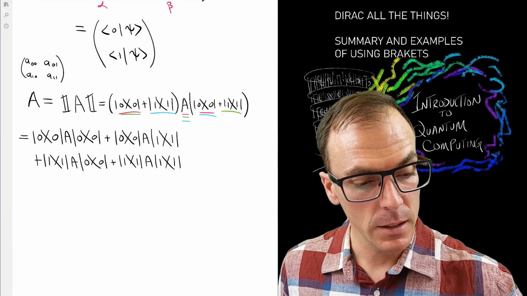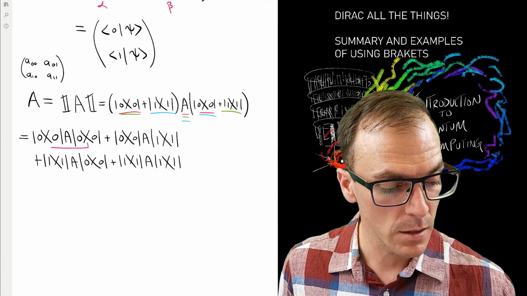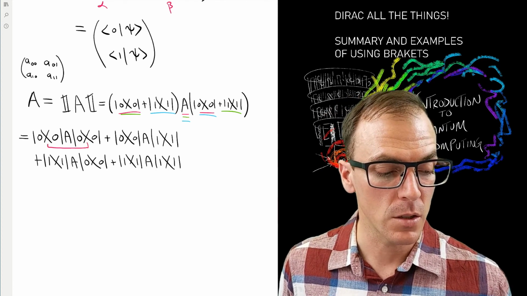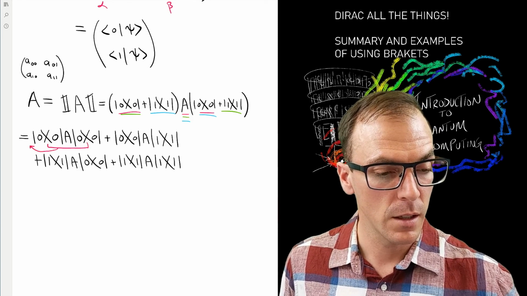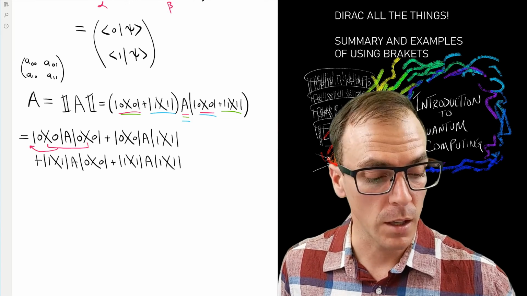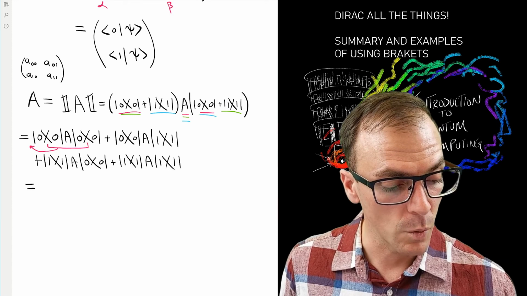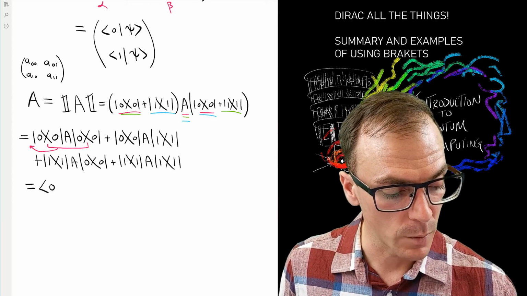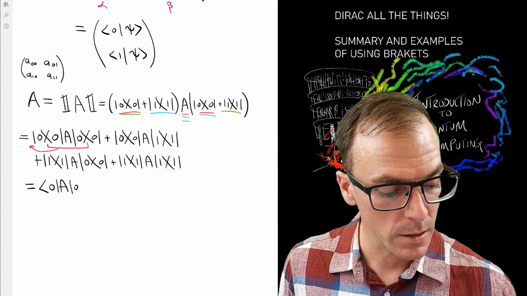And again, we have some inner products here. Those are just complex numbers. So this is an inner product. It's just a complex number, which means that can come outside. And similarly for the other three terms, there's a complex number there. So let's rewrite this where those complex numbers are in front of the outer products.